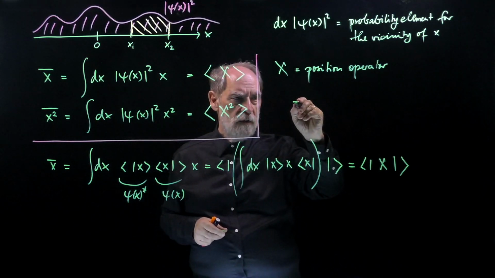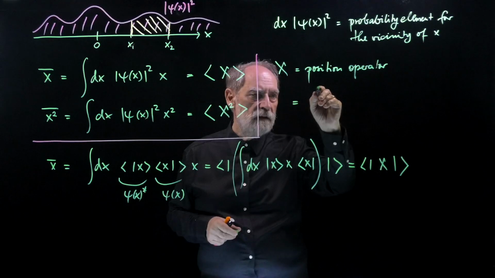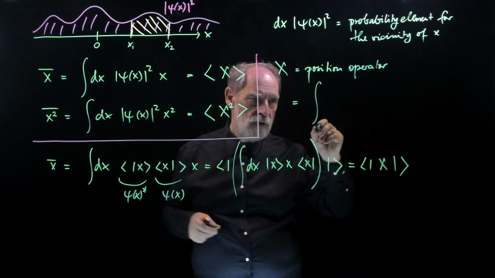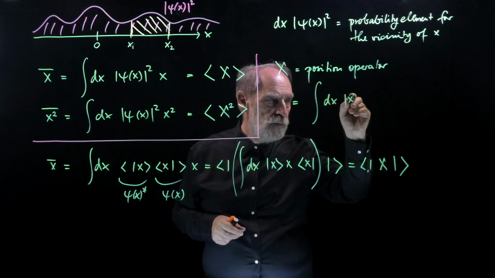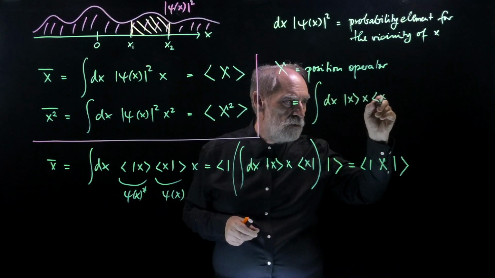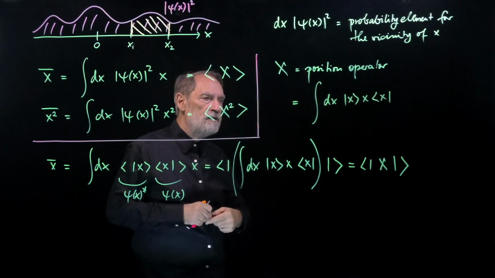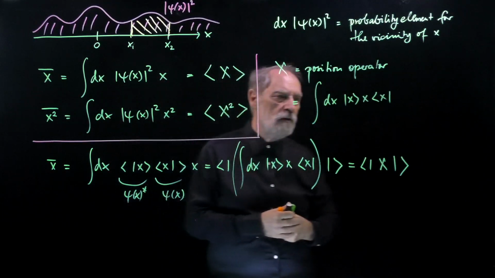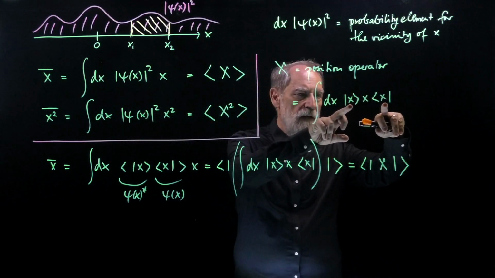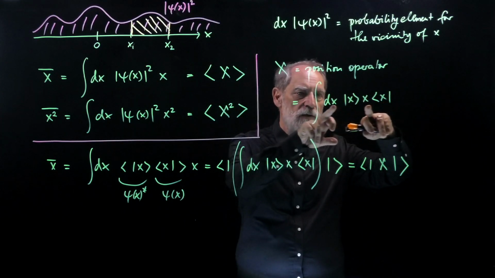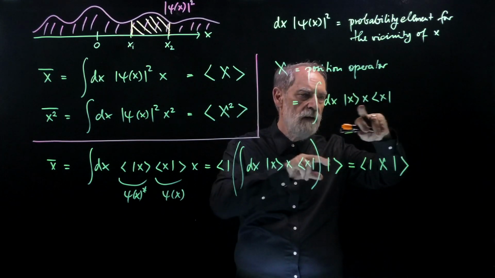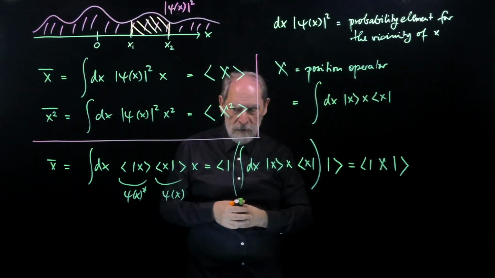And so we find from this statement that the x operator should be equal to this. But that's also the natural thing, okay? So we have the x ket bra that refers to the position x, or actually to the vicinity of x together with the dx, and then there's the value of x.